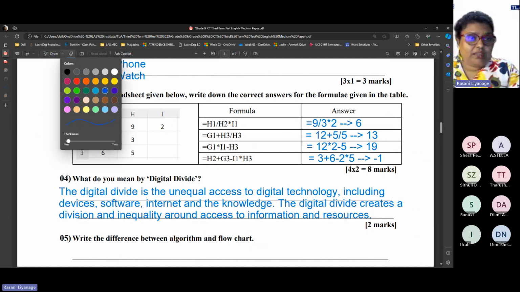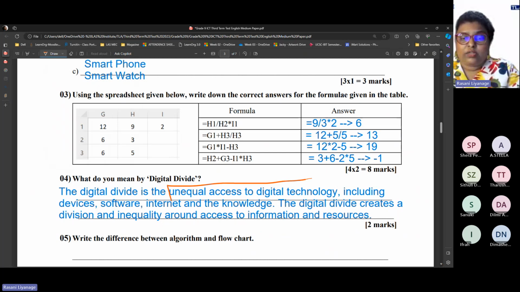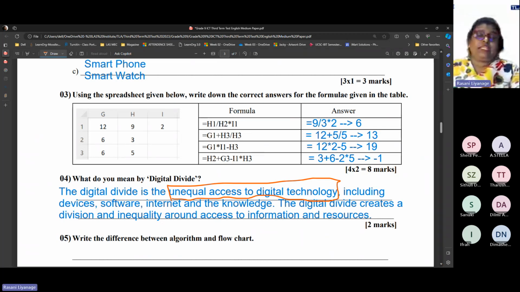Remember, the part that must be there is unequal access to digital technology, including devices, software, and so on.